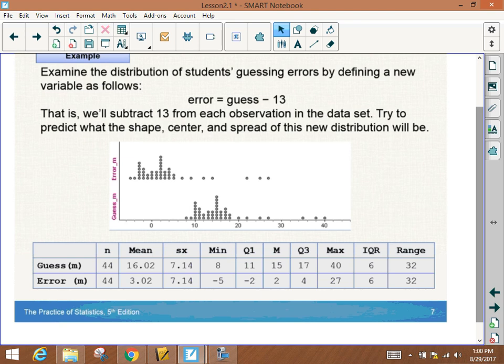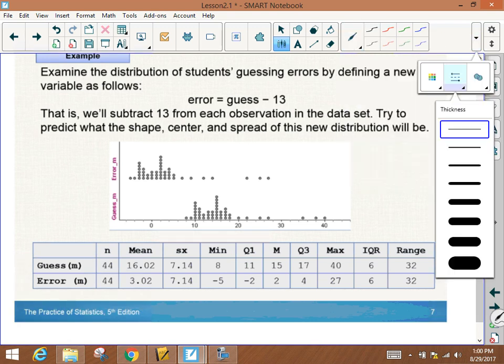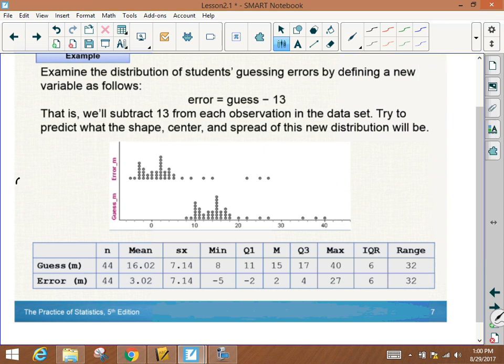And remember, we're looking at what has happened to our shape, center, and spread. It looks like the shape has stayed the same. Outliers, if they were outliers before, are going to stay outliers after this transformation.